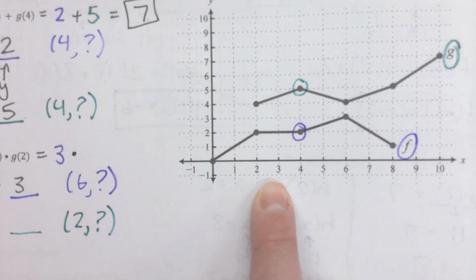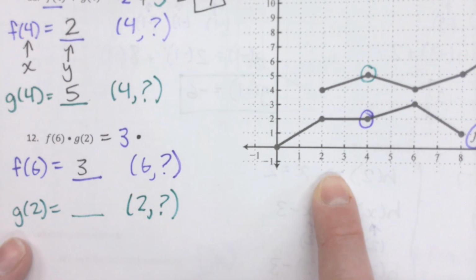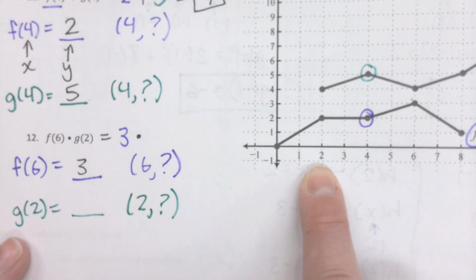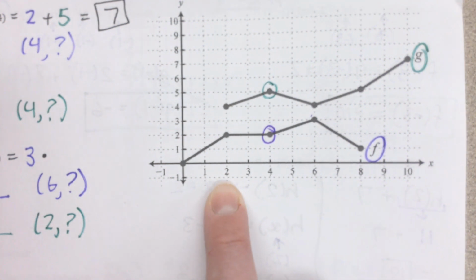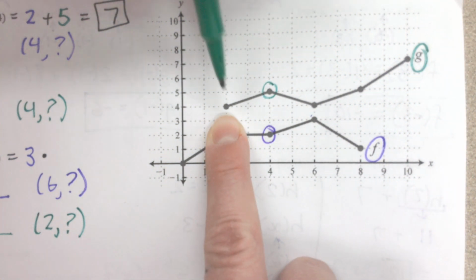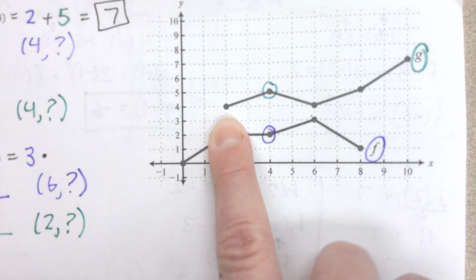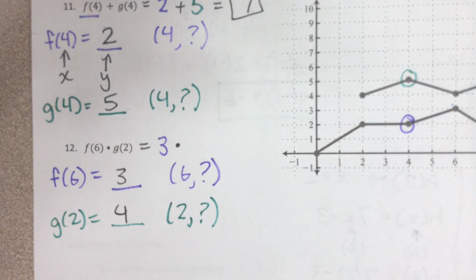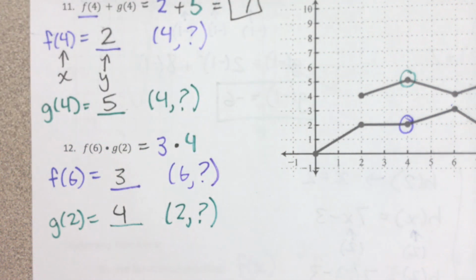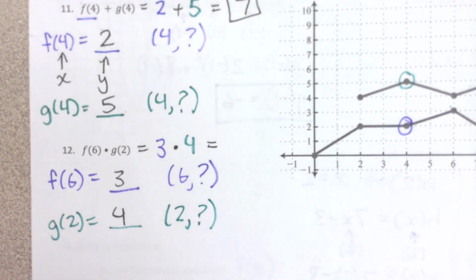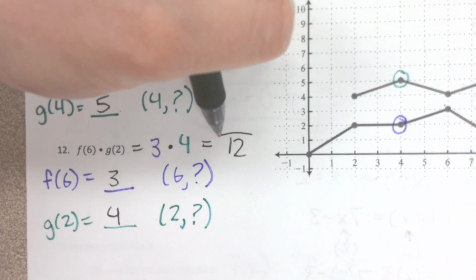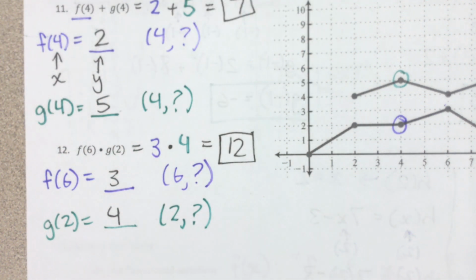If we go to 2 on the x-axis, this time we're going to the g graph. So when you go to the top one here, we're going to hit the top point here. That connects to 4 on the y-axis. So g of 2 is 4. 3 times 4 gives me 12, yes. And that's all you do.